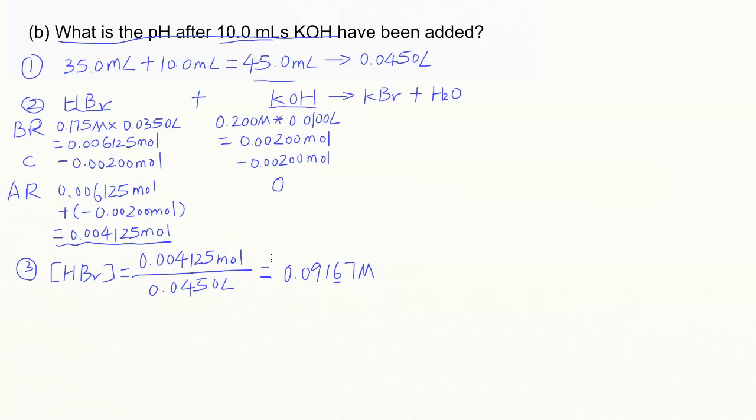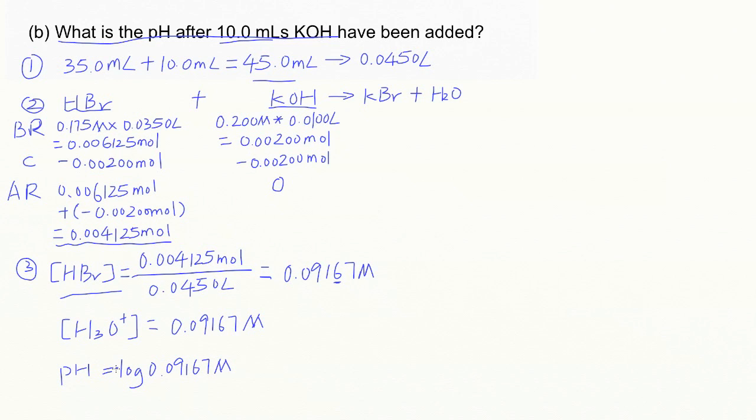Okay, now we got our concentration of the hydrogen bromide. Remember, hydrogen bromide is a strong acid. Therefore, the hydronium concentration equals the hydrogen bromide concentration. That is 0.09167 mole per liter. And then the pH value would be just the negative logarithm of 0.09167 mole per liter.